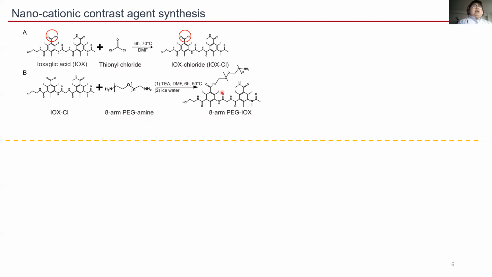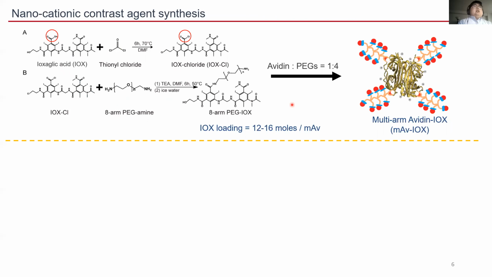The 4-arm PEG LX was mixed with the iodine at 4:1 molar ratio in PBS to obtain the multi-arm iodine structure conjugated with LX, which we also call multi-arm iodine LX. We achieved a high LX loading of 12 to 16 moles of LX per multi-arm iodine.